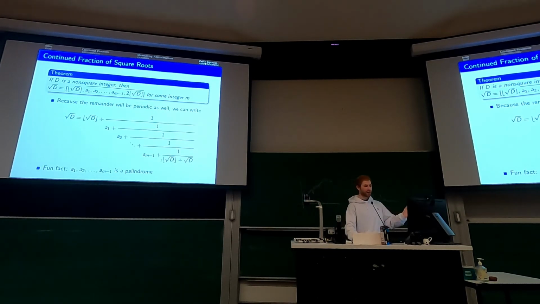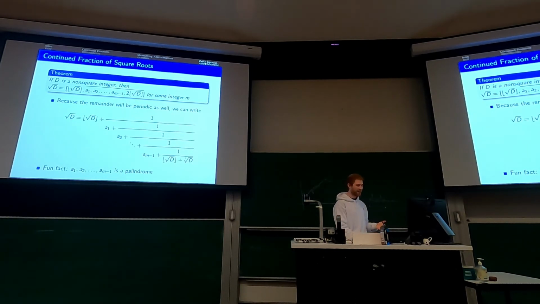And that means we can write out this continued fraction in an exact way, just replacing the approximation with the actual value. So this is an exact expression for the square root of d. It's a bit weird for now, but it is an exact expression.